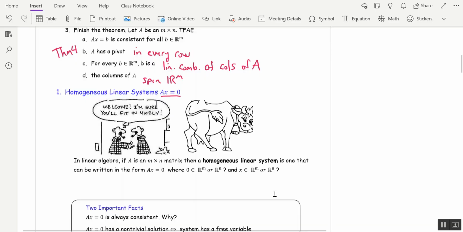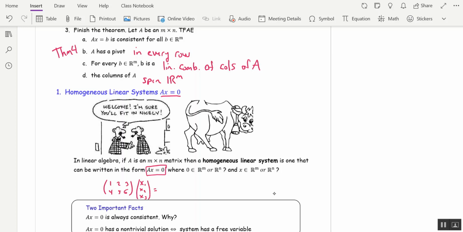Okay, a homogeneous linear system looks like this, but sometimes we get a little bit lazy with writing the equation in short form and we forget what dimensions these things are in. Where is 0 from and where is X from? Rn or Rm? So we can just do a simple example. Suppose we have the matrix 1, 2, 3, 4, 5, 6. And we're going to multiply by a vector, x1, x2, x3, and we would come up with another vector.